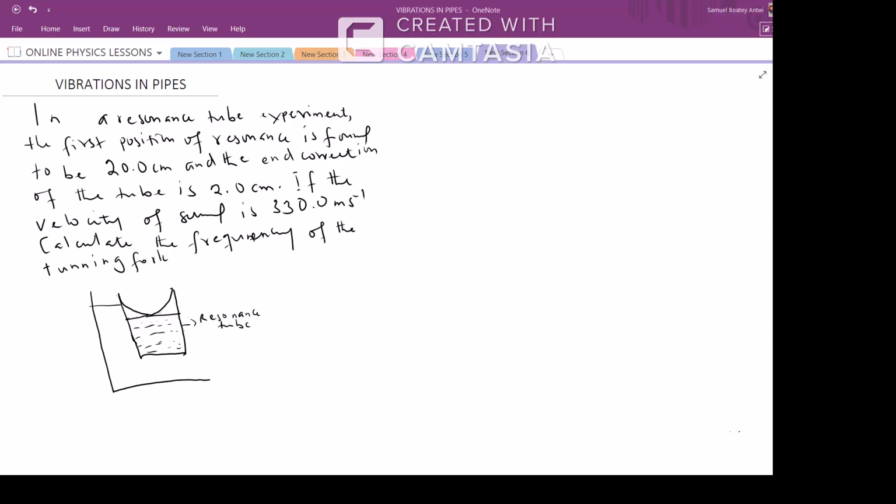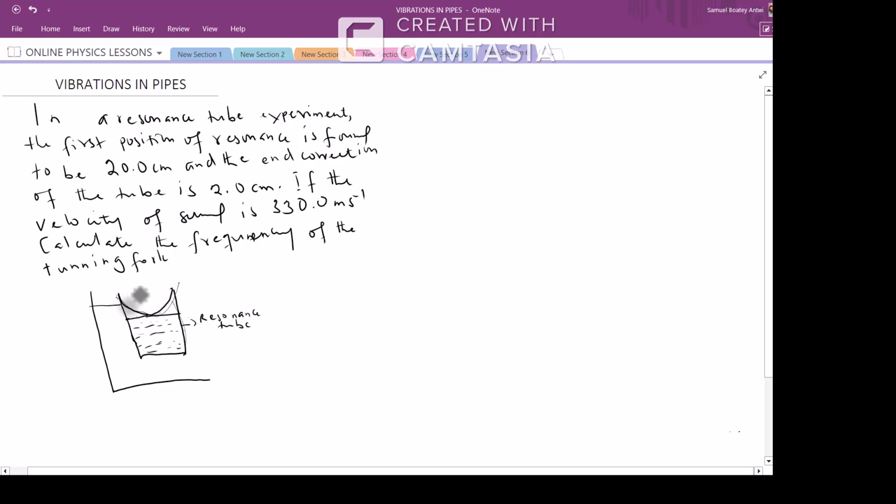If the velocity of sound is 330 meters per second, calculate the frequency of the tuning fork. I have tried to mimic the experiment here. This is our resonance tube with water in it, and this is the first position of resonance, which gives us our wavelength.